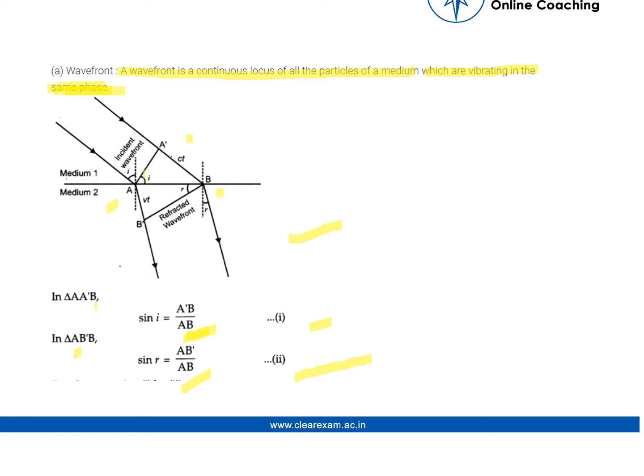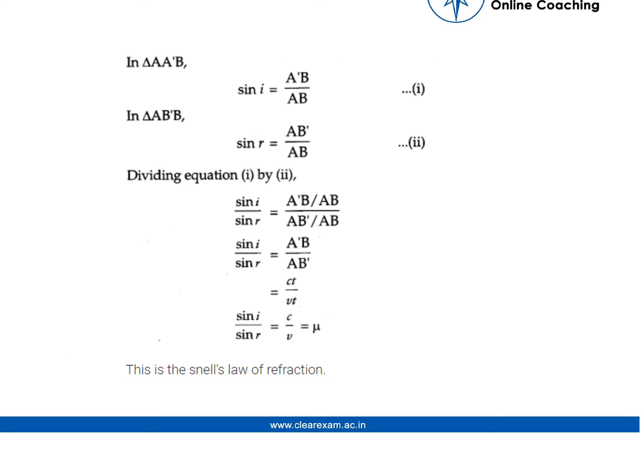This is equation 1. In triangle ABB', sine r is AB' over AB. This is equation 2. Now on dividing equation 1 by 2, we get A'B over AB', and sine i over sine r is mu. So this is Snell's law of refraction.